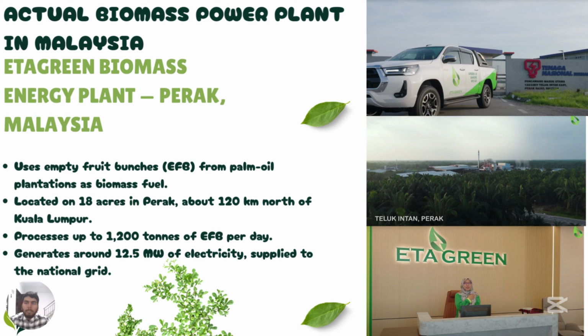In summary, ETA Green is a strong example of how agricultural waste can be turned into clean energy. It supports renewable energy development, reduces carbon emissions, and transforms palm oil byproducts into useful resources. This makes it an important model for Malaysia's future in sustainable energy.